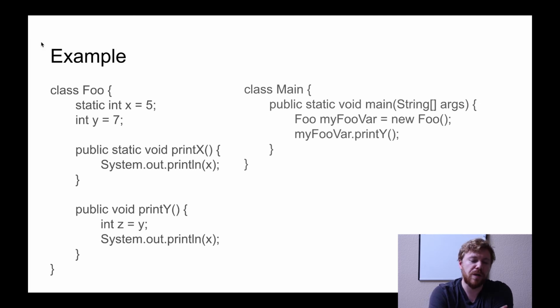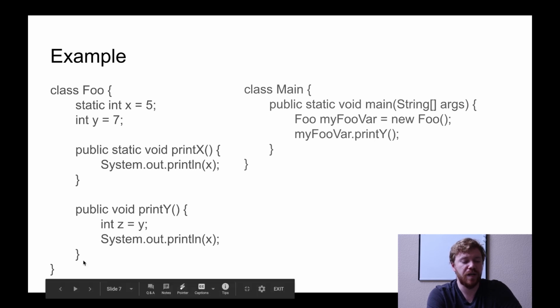So I've prepared for you just a small little example. We've got class Foo. Foo, you can see, has a static variable called x of type int, and a non-static variable called y of type int equal to 7. There is a static printX method and a non-static printY method.